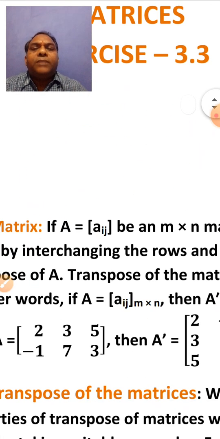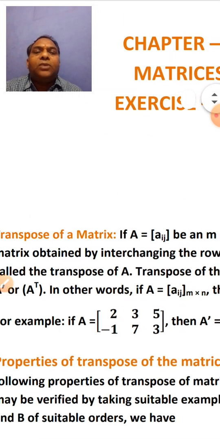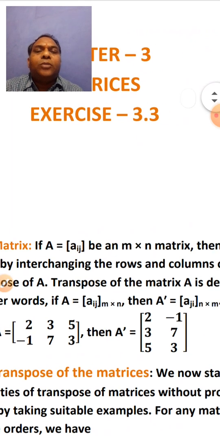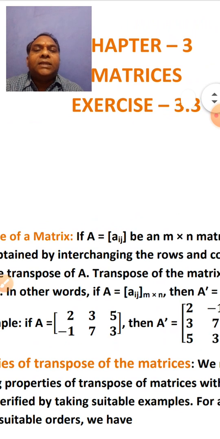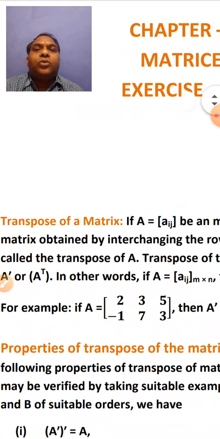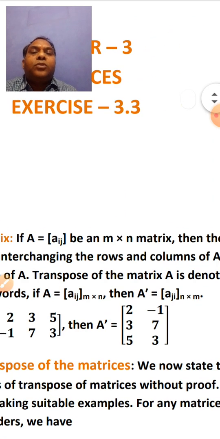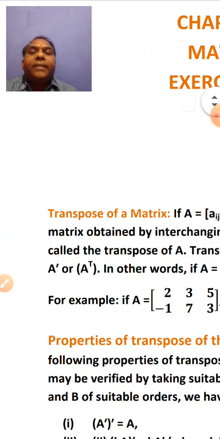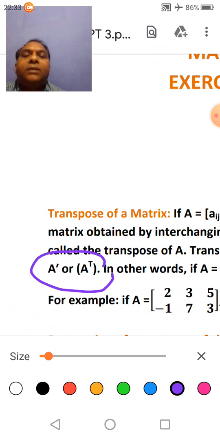According to the definition of transpose of a matrix, if A = [aij] is an m cross n matrix, then the matrix obtained by interchanging the rows and columns of A is called the transpose of A. It means to find the transpose of a matrix, we have to interchange rows and columns. Transpose of a matrix is denoted by A dash or A to the power T.